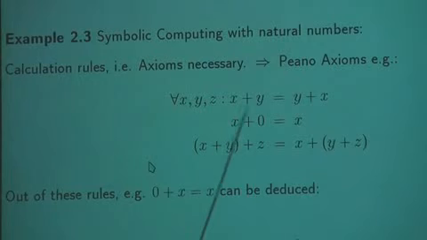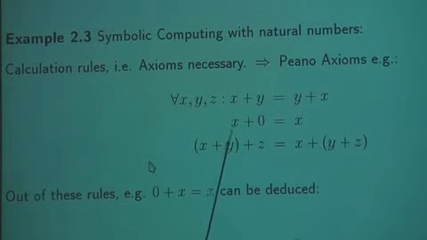This axiom, for example, is the commutativity of addition. This tells us that 0 is, how would we call 0 in this commutative group of addition? Addition is a group, and 0 is the neutral element of this group.